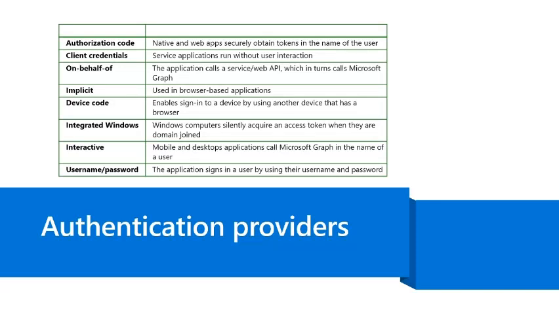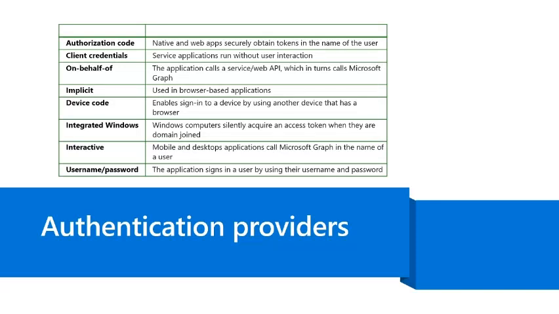Implicit provider. The implicit grant flow is used in browser-based applications, which can be code flow or whatever. Device code provider. The device code flow allows users to sign in to a device by using another device that has a browser.